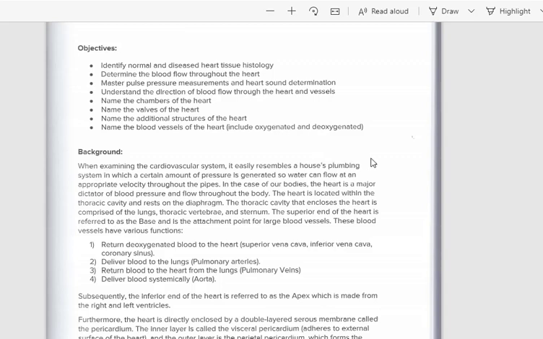So the thing that drives me crazy, even with this lab manual and your textbook, is that they don't tell how the blood flows through the heart the way I think makes sense.